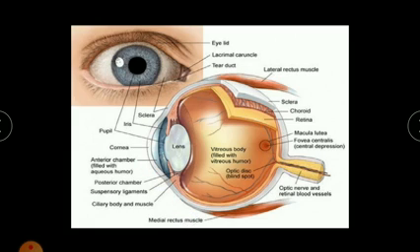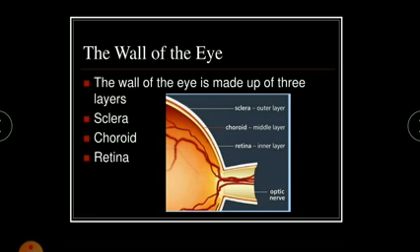The second layer of the human eye is known as the choroid. The choroid is black in color. Why is it black in color? So that it prevents internal reflection. And the third layer is known as the retina, where images are formed. So as you can see, there are 3 layers: the white portion is the sclera, the black portion is the choroid, and the last one is the retina.